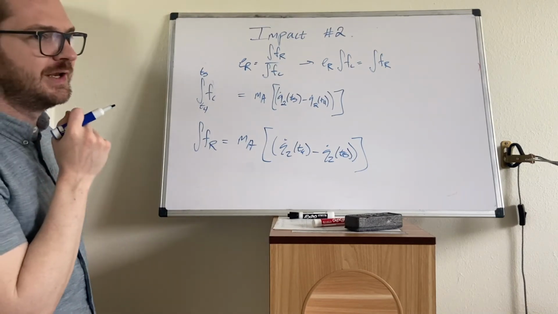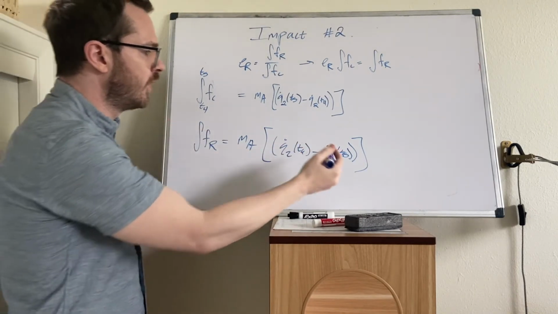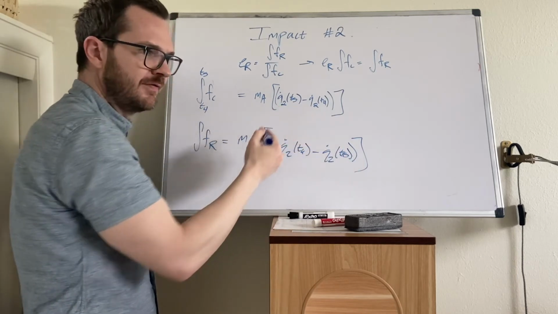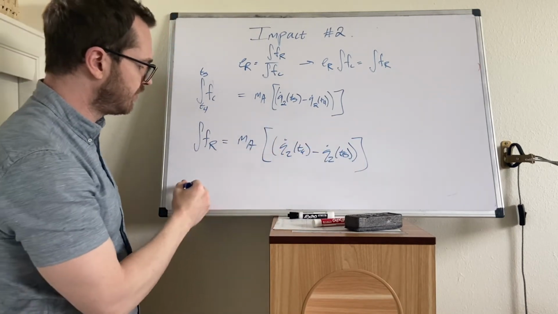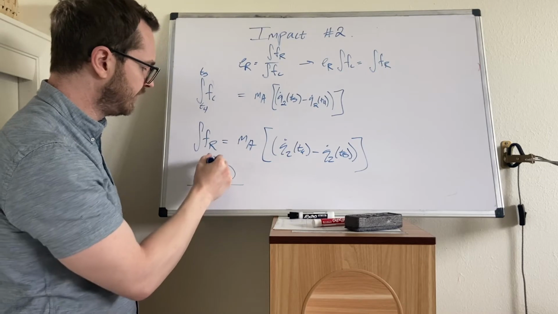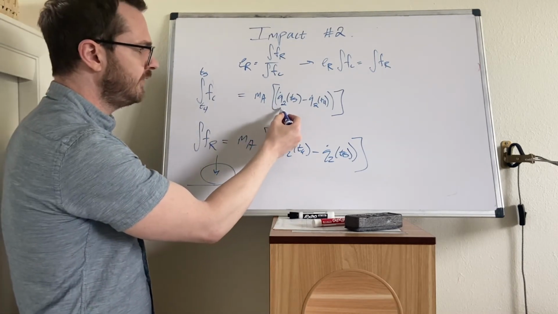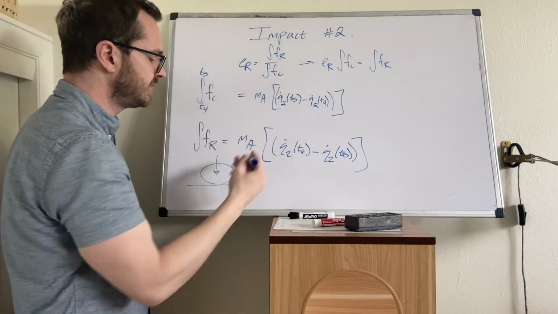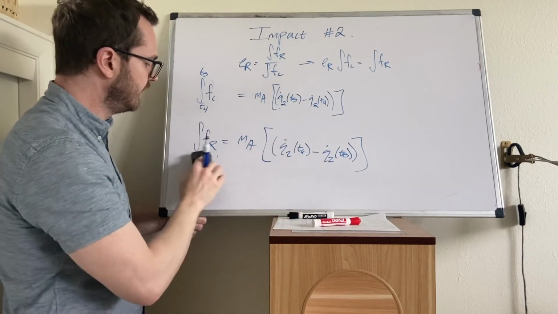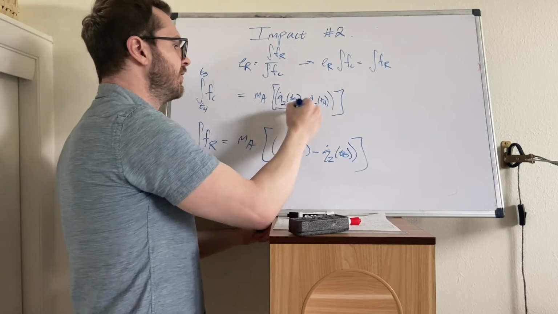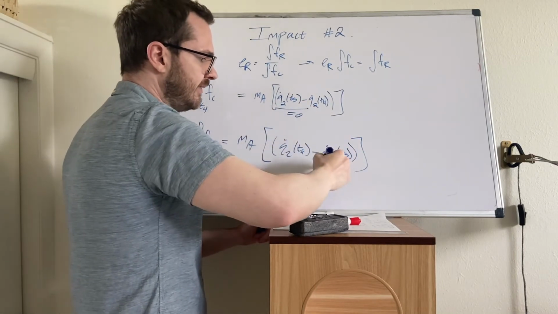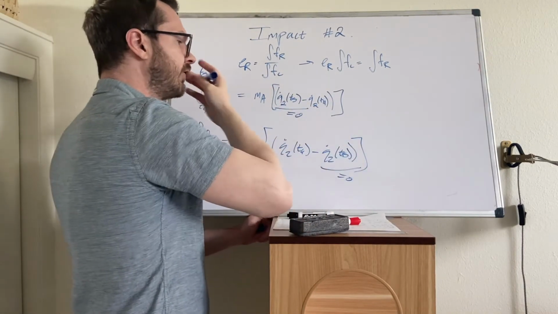What else do we know? What about maximum compression for this problem? Well, at maximum compression, your ball has hit the ground and it has come to a stop. So Q2 dot, in the y hat direction at maximum compression is going to again be 0. So this quantity is equal to 0 and this quantity is 0.